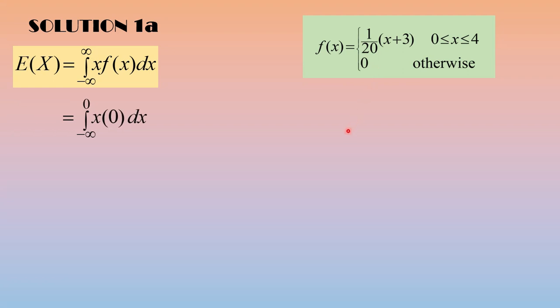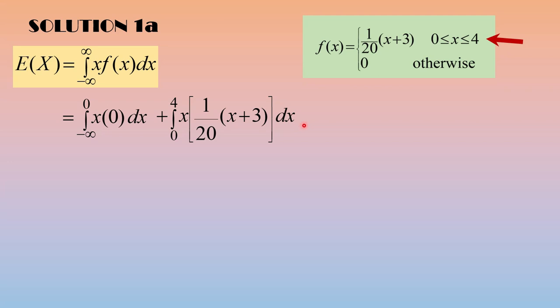So we need to integrate from negative infinity to 0 x times 0, because the function here is 0, 0 dx, plus, for the second interval, you need to integrate from 0 to 4 x times the function 1 over 20 times (x plus 3) dx.